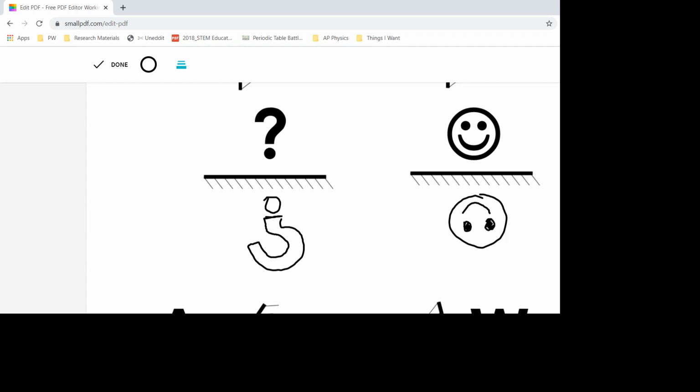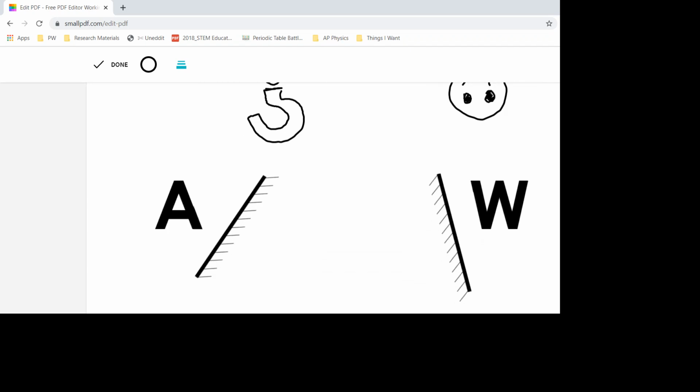Upside down smiley face. Then we've got an A and a W, which these lines are not exactly perpendicular to the page, so this is going to be a little hard for me. But again, if I just measure from here to here, and then from here to there, again, it has to be perpendicular to the plane. That's a little off.